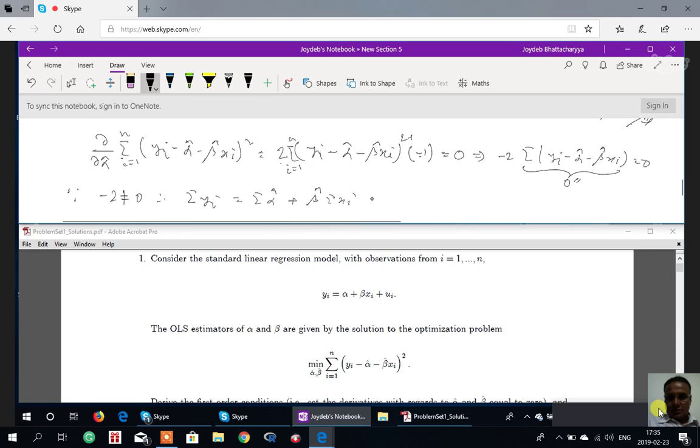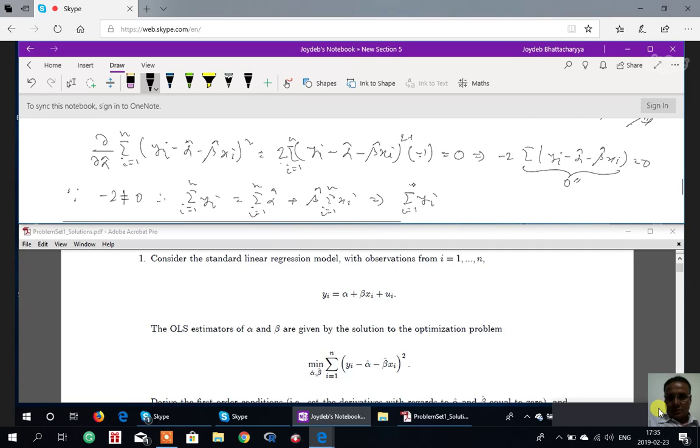So this will further be summation yi. Whenever we write summation, the range should ideally be written so that there is no confusion that it has the full range everywhere.